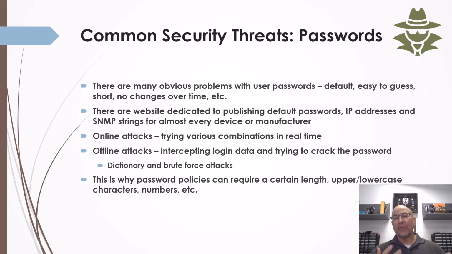I go offline now, and I apply dictionary or brute force attacks trying to crack the password. Even if I don't know the hash that was used for the password, I can try different hashes and different phrases until I get what looks to be the password that you used. So these are offline attacks, and then I would try and log in as you online.